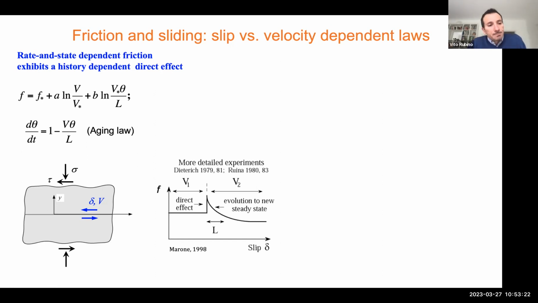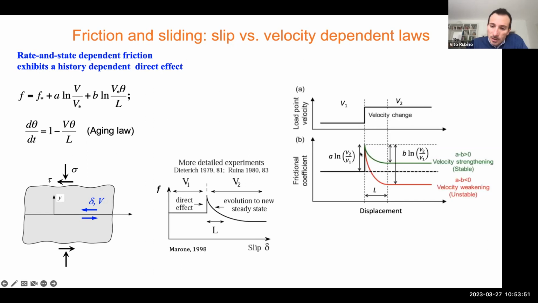Rate and state friction laws are empirically derived, and they can be used to explain a number of basic experiments. For example, the so-called velocity jump experiments: if you slide at a constant velocity v1 and go to a higher velocity v2, you normally have an increase in friction, and then an evolution to a steady state.